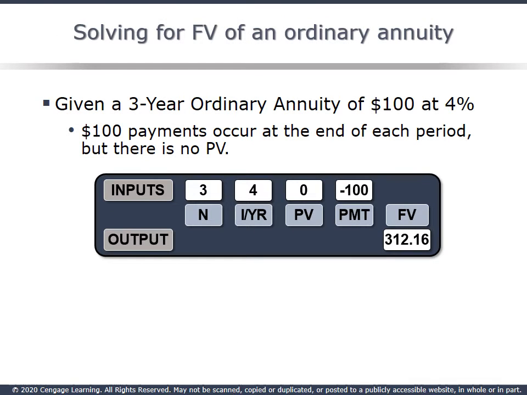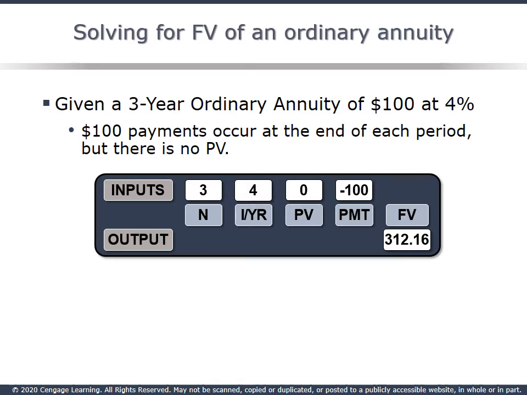We can find either the future value or the present value of annuities. In this lecture, we're going to look at finding the future value of annuities. And we're going to start with finding the future value of an ordinary annuity. So we're given a 3-year ordinary annuity of $100 at 4%.